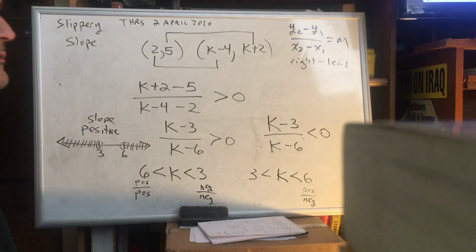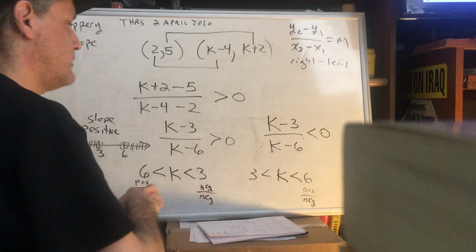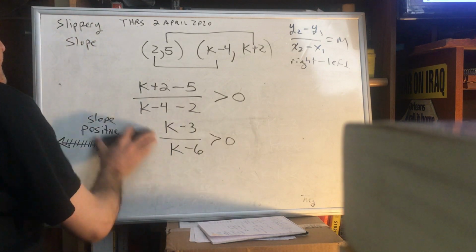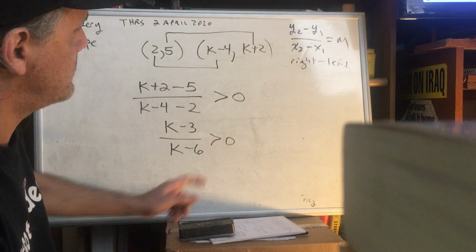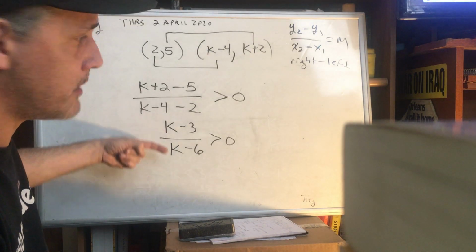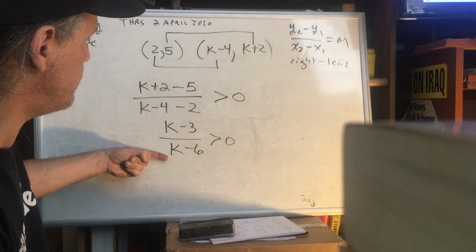Now what's a more sophisticated way of doing this? Whenever you're comparing a fraction to 0, there's two things that can happen. It's based upon the top or the bottom.